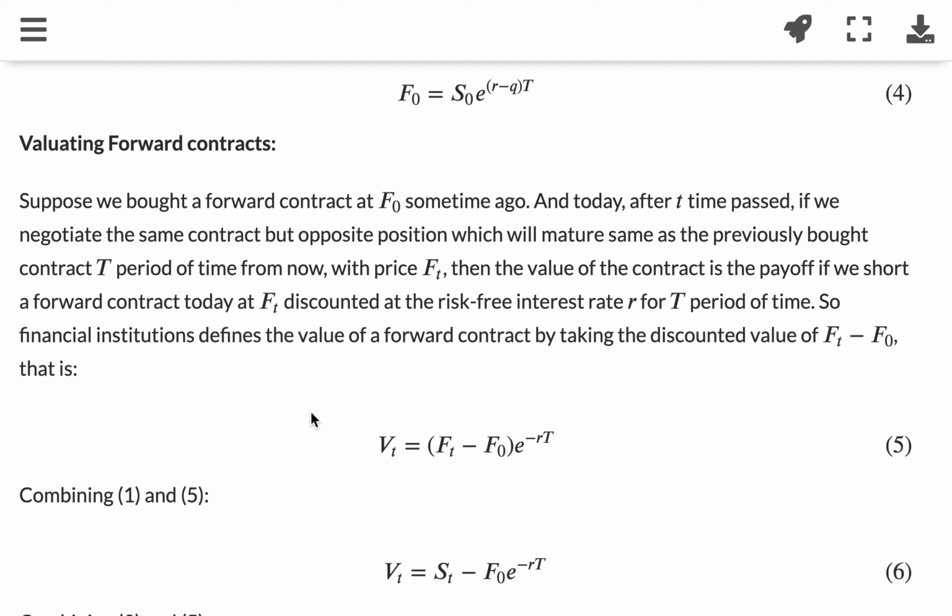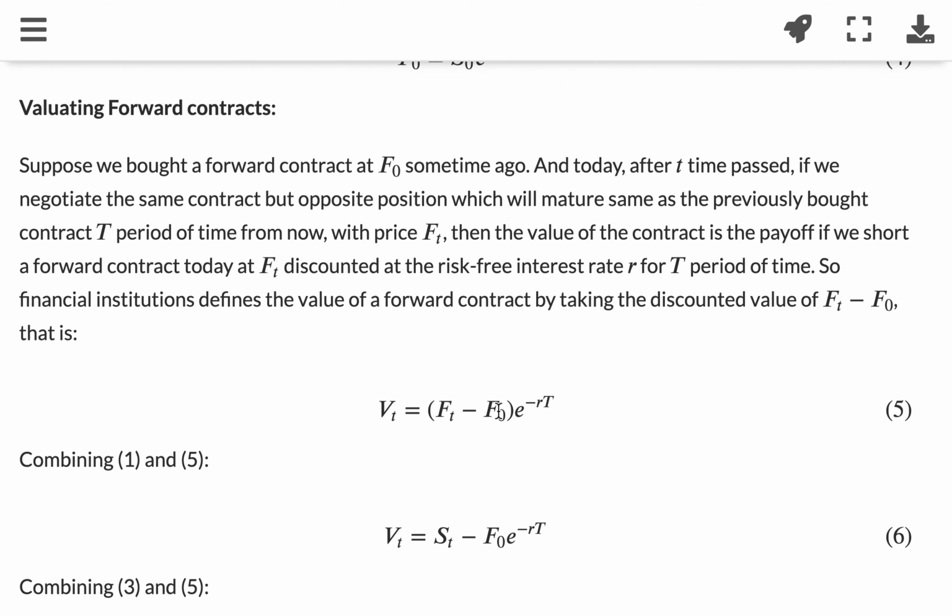So financial institutions define the value of a forward contract by taking the discounted value of Ft minus F0. The contract we bought at that time, we can sell at a higher value or lower value, and we discount it back to the current time t. That will be the current value of the contract.